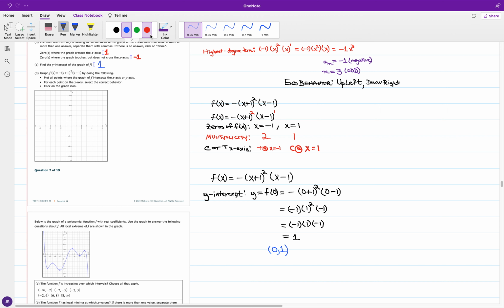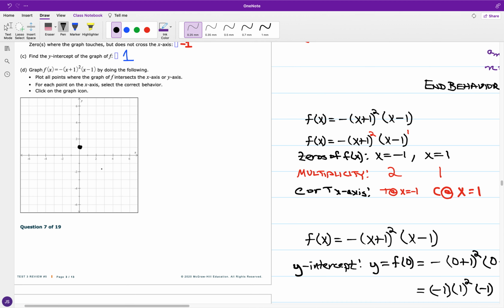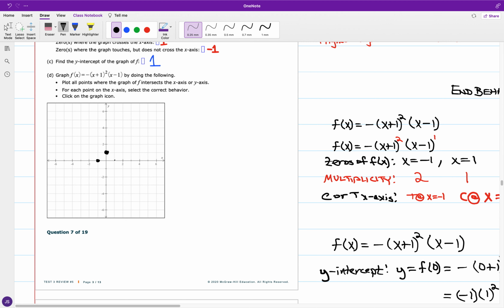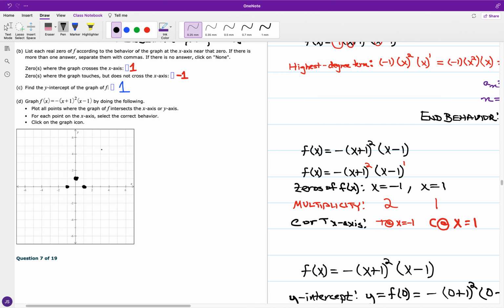Looking at the graph itself, we're plotting key points. We have the y-intercept at 0, 1, and for the x-intercepts, x equal to -1 and x equal to 1. For the end behavior, you have up to the left and down to the right.